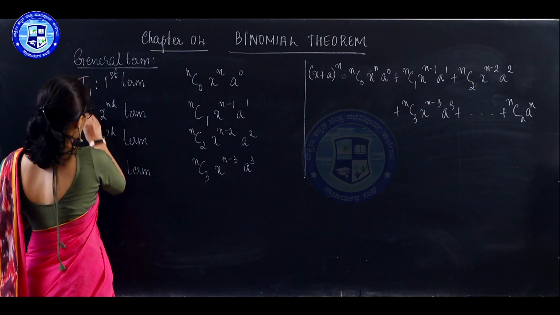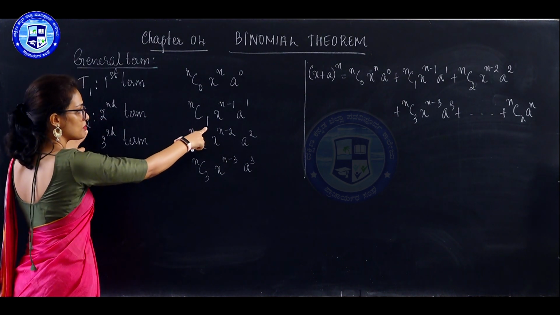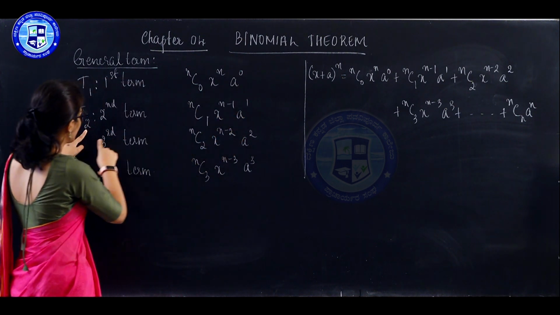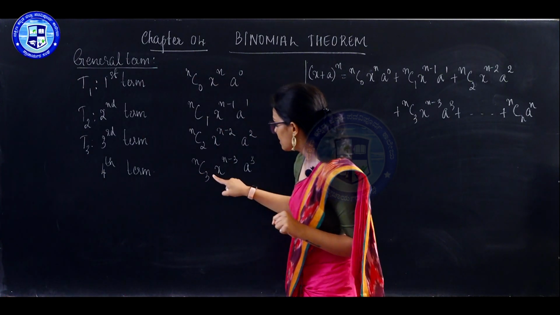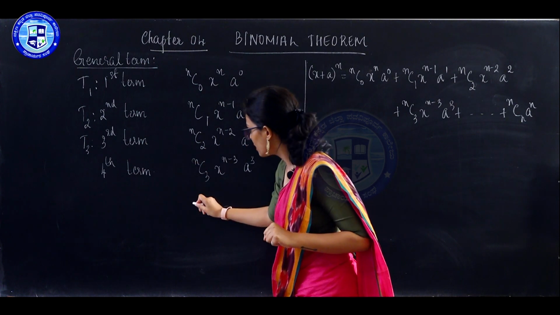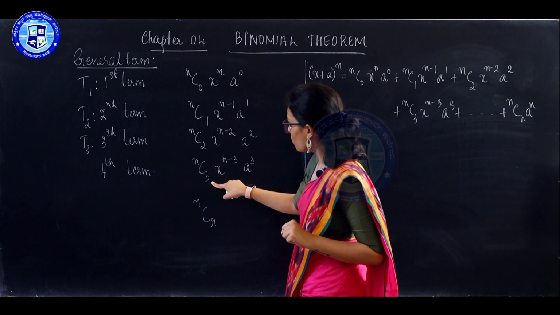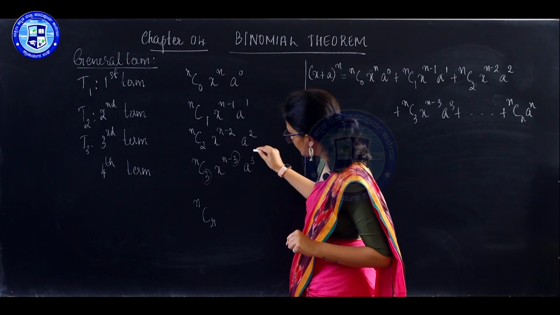So, what happens for T2? Similarly, see this is 2, but this is 2 minus 1, which is 1. Here T3, see this value here is 1 less than this value. So, if I take this value as r, I can write this as nCr, and observe this term is the same here, here and here.